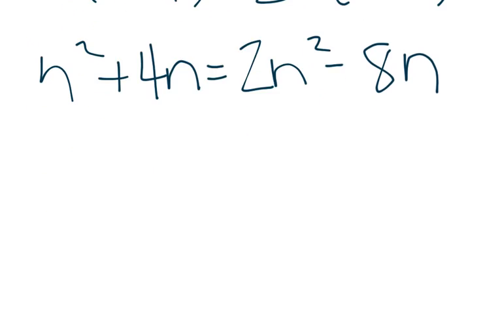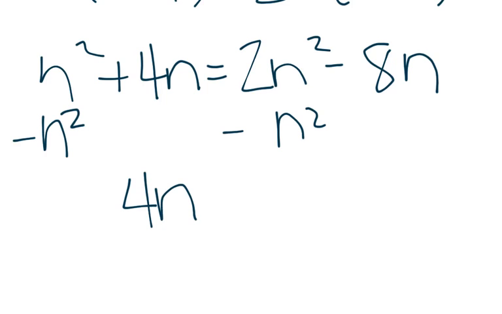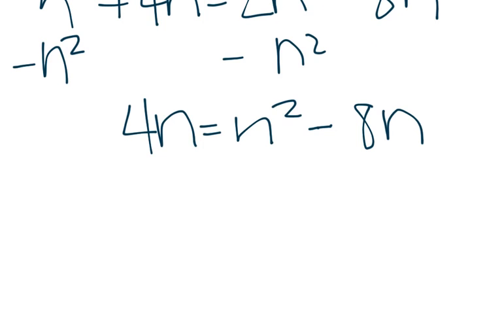So now we want to combine like terms. We're going to subtract n squared from both sides. So we have 4n equals n squared minus 8n, and then we're going to add 8n to both sides.